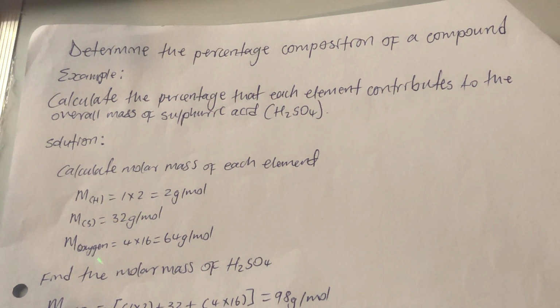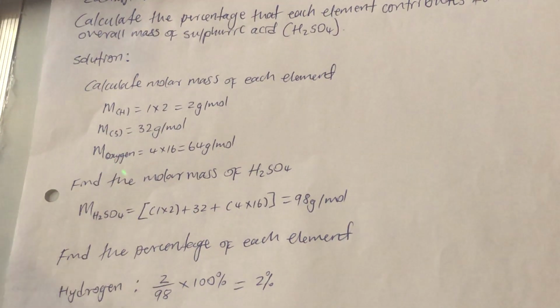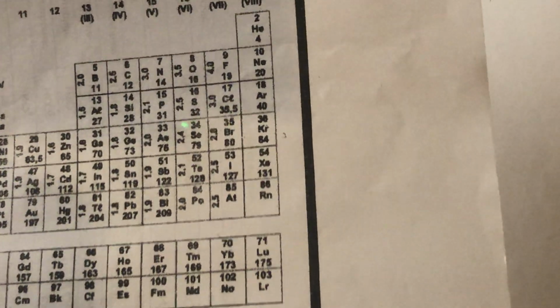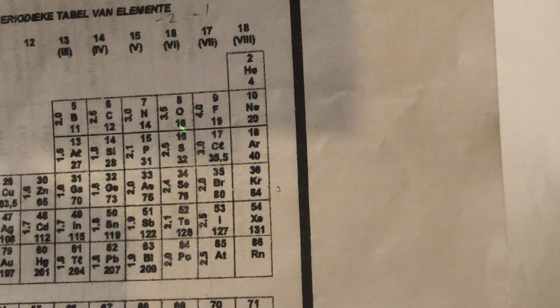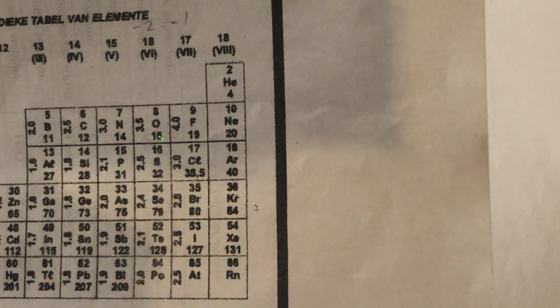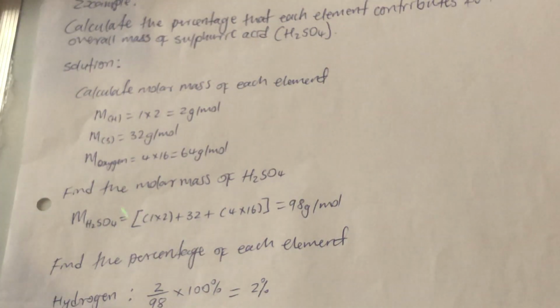Then we move to oxygen. How many oxygen? 4 of them. So what is the mass number of oxygen? It is 16. So what will happen to this 16?